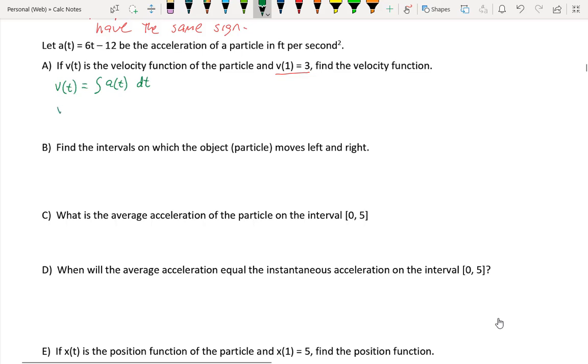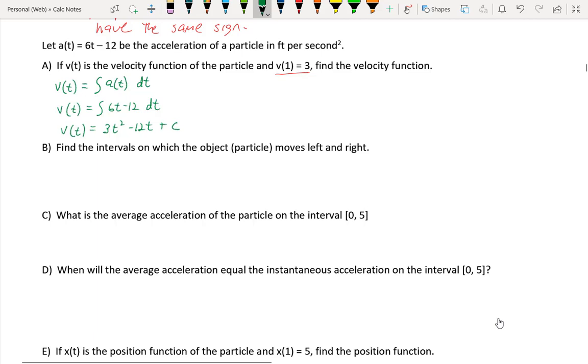So v of t is equal to the integral of 6t minus 12 dt. So we need to anti-differentiate that. So v of t is going to be equal to 6t squared over 2, which leaves 3t squared minus 12t plus some value of c.